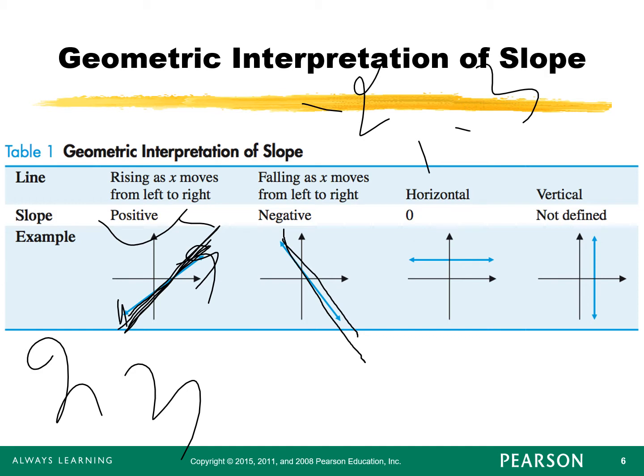Now imagine that we have a horizontal slope, which means a slope of 0, so the line will be horizontal. And at the same time, if we have a slope which is not defined, our line will be vertical.